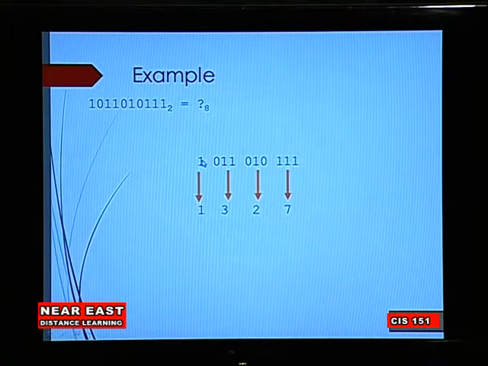So we write it like this, separating it into groups of threes: 1, 011, 010, and the last group 111. So 1 is equal to 1. 011 in binary is equal to 3, and 010 is equal to 2. 111 is equal to 7, and I'm going to show you why: 4 plus 2 is 6, plus 1 is 7.